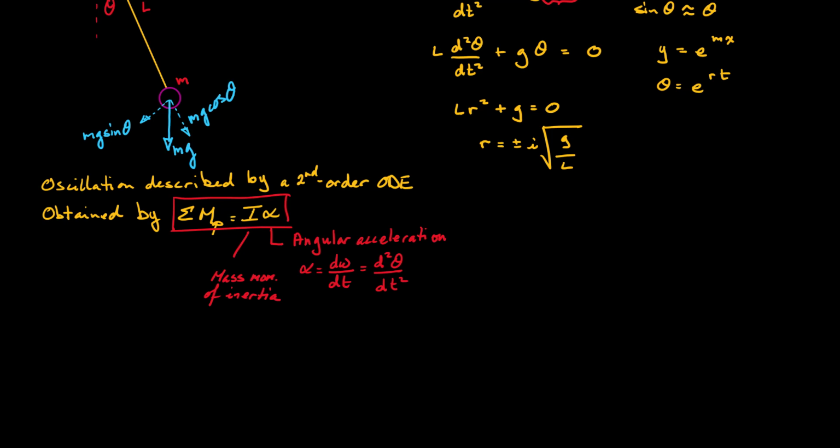For complex roots, alpha plus or minus i beta, we said that the solution will be of the form e to the alpha t multiplied by c1 cosine of beta t plus c2 sine of beta t.